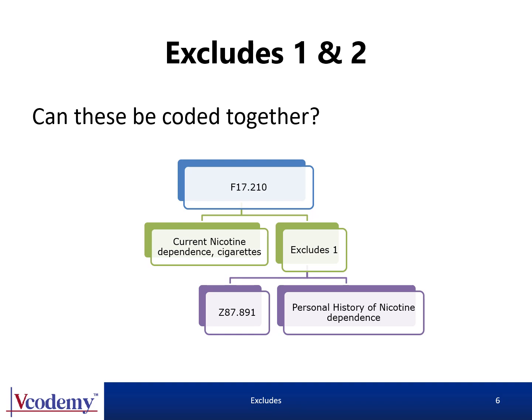F17.210 actually means the patient is currently using cigarettes. Z87.891 means the patient had a history of nicotine dependence and has now stopped. So both cannot occur together.